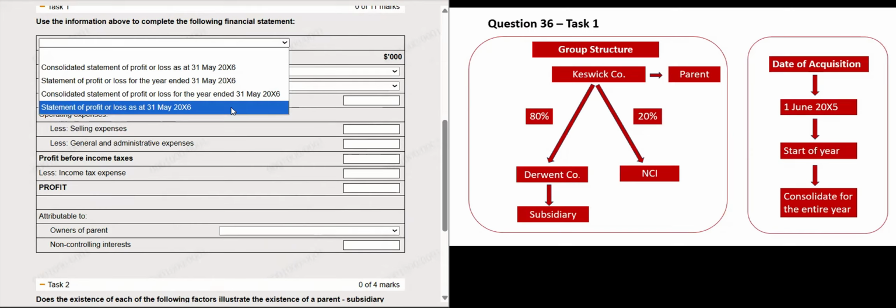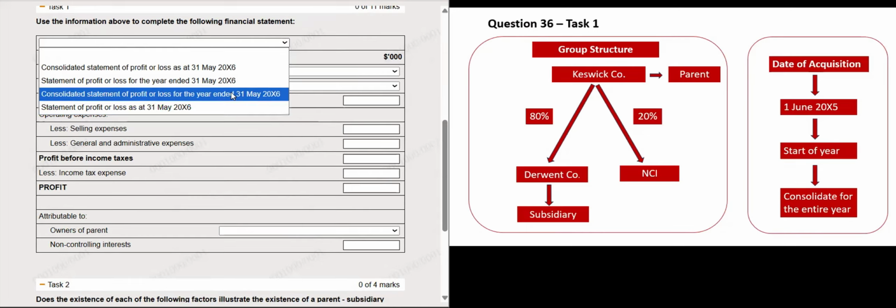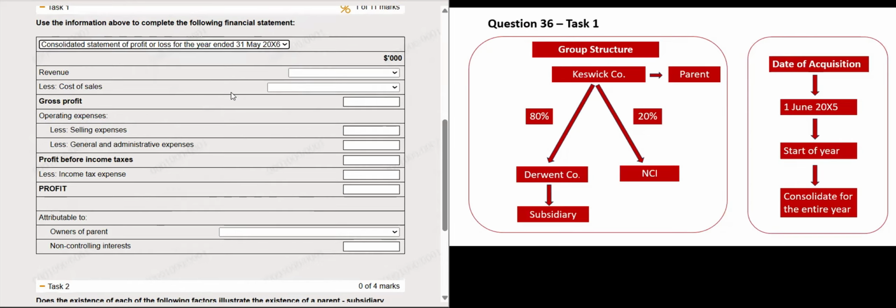So both of them are also not the right options. Another reason to reject the fourth option is that it is being prepared at a specific date, which is not the case with a profit or loss statement as they're prepared for a period of time. This leaves us with the third option, Consolidated Statement of Profit or Loss for the year ended 31st May 2006, which is the right option here.